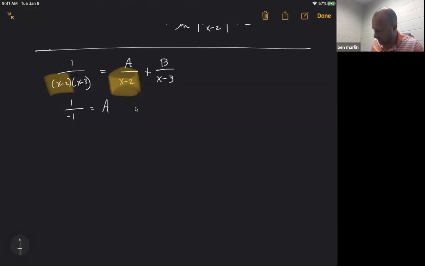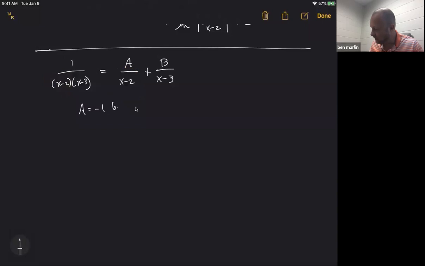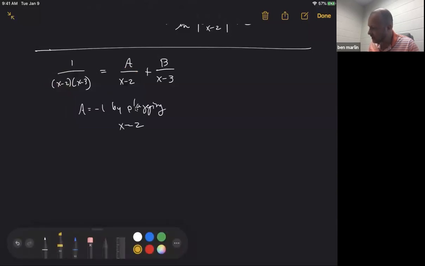Unfortunately, I don't have a way to get the cover up off there without doing this. So we got a equals negative 1 by plugging in x equals 2. Then we're going to do the same thing again, but a bad value to plug in here for x would be 3.